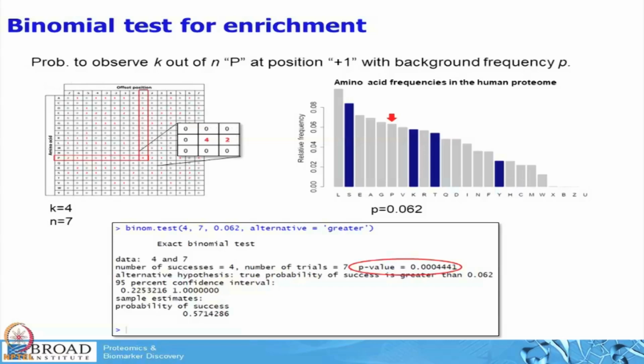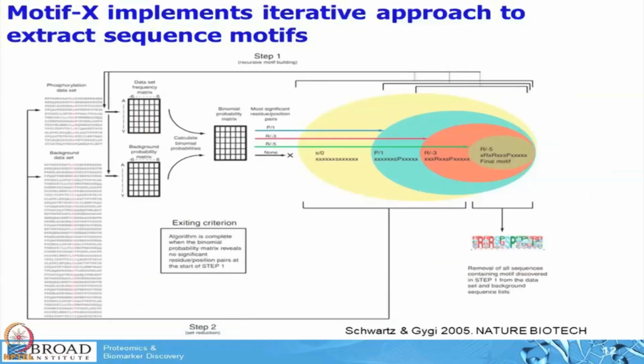In R you can just feed it into the binom.test function, and you get a p-value showing that, although it's a very small sample size, this would be statistically significant. So 4 out of 7, and so on. You would do this for all amino acids in all locations. I probably don't have to go too much into detail here.